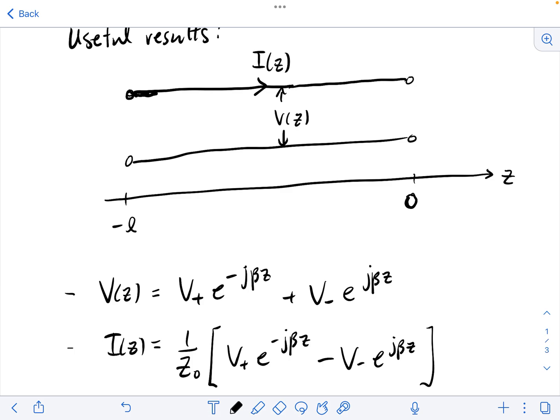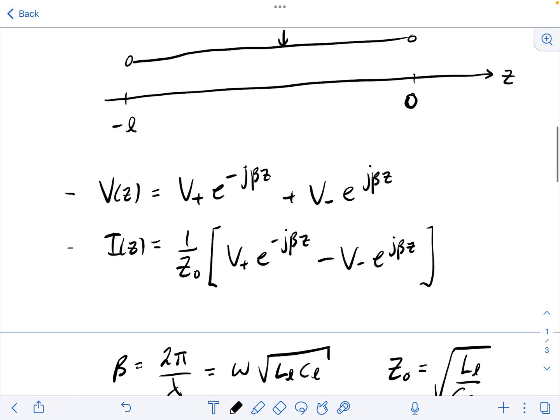There's a couple of parameters in these expressions. Remember, the V plus coefficient corresponds to a wave traveling along plus Z, and the V minus to a wave traveling along the negative Z direction.